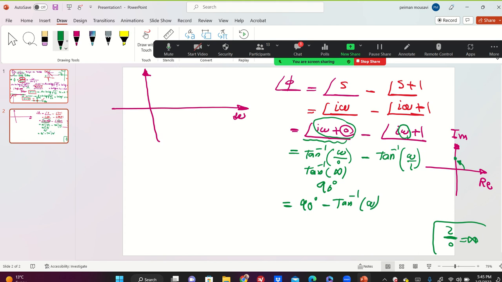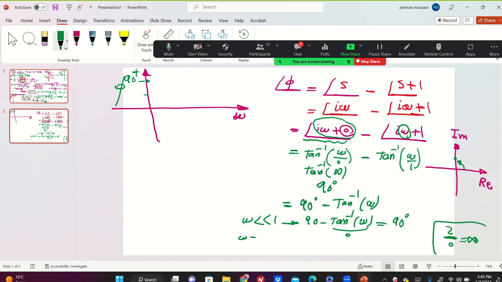So I'm going to plot it. Phi. At very low, very small omega, tangent inverse of a small number is going to be 0. That's right. So it's going to be 90 degrees, plus 90, at this point, at very low frequency.